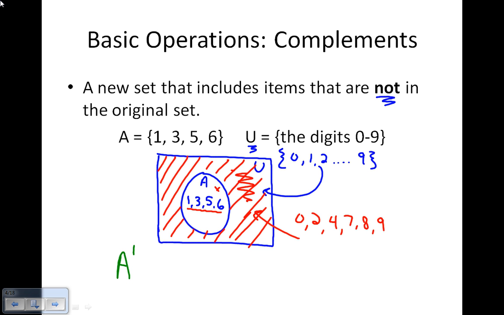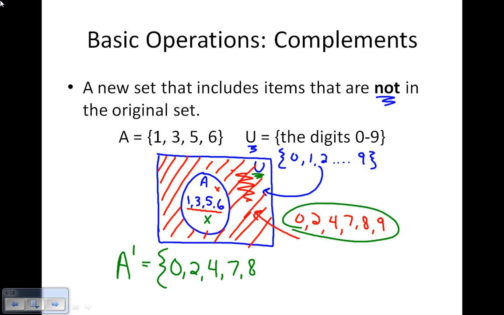So A prime equals, we open our set, we include all those numbers not inside A, but that are inside U. And then we found those over here. So we open it up, 0, 2, 4, 7, 8, 9. So this set would have a size of 6. And just remember that the complement is the opposite. It's what's not included.